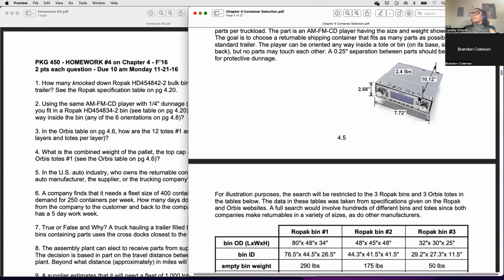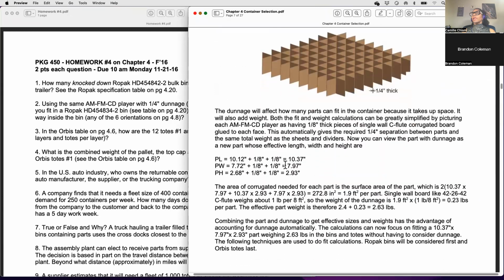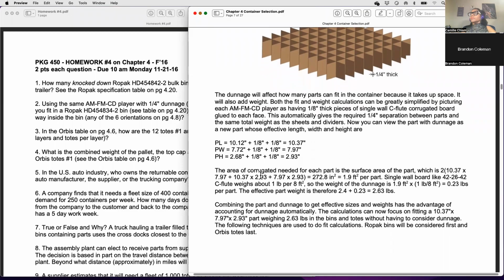So even though this is 10.12 inches here, you're going to add the thickness of the corrugated, and that's going to give you 10.37. Same thing with the width and the height. You're taking the product dimensions, adding in the thickness of the dunnage.